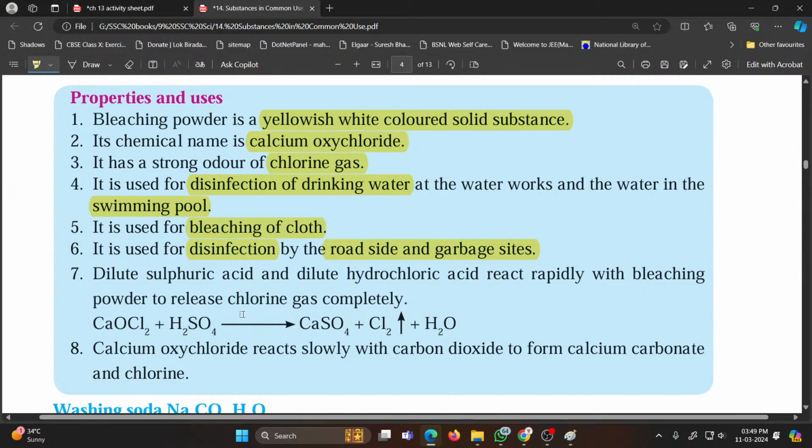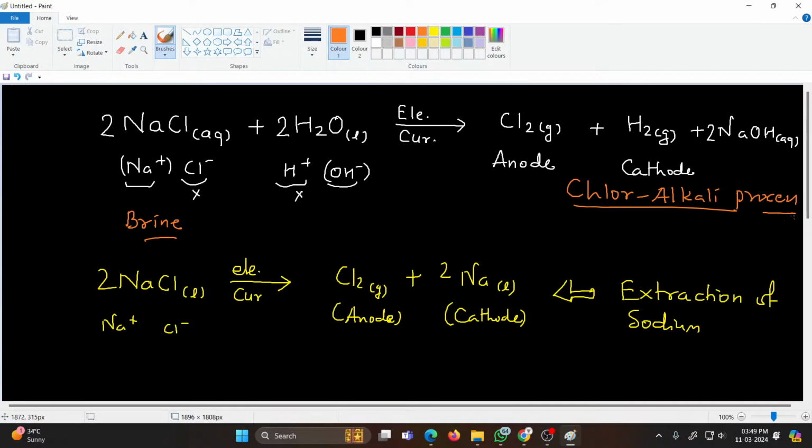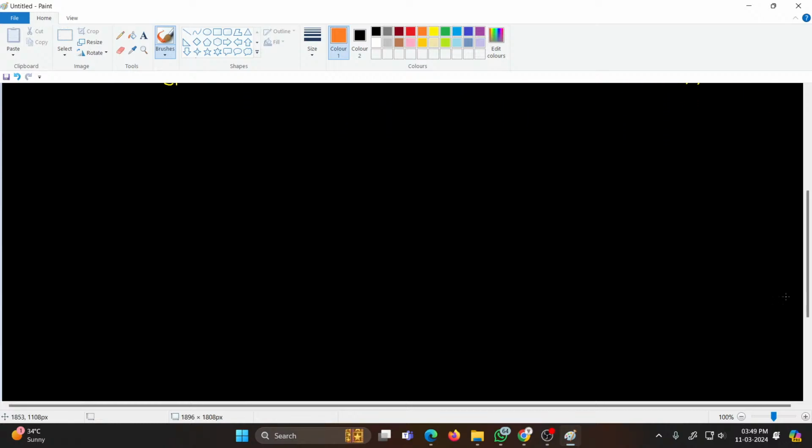Now, the chemical reaction that takes place. When this calcium oxychloride reacts with dilute sulfuric acid, chlorine gas is completely and rapidly taken away from the solution. So, we can write the chemical equation. CaOCl2 is the chemical formula of bleaching powder.